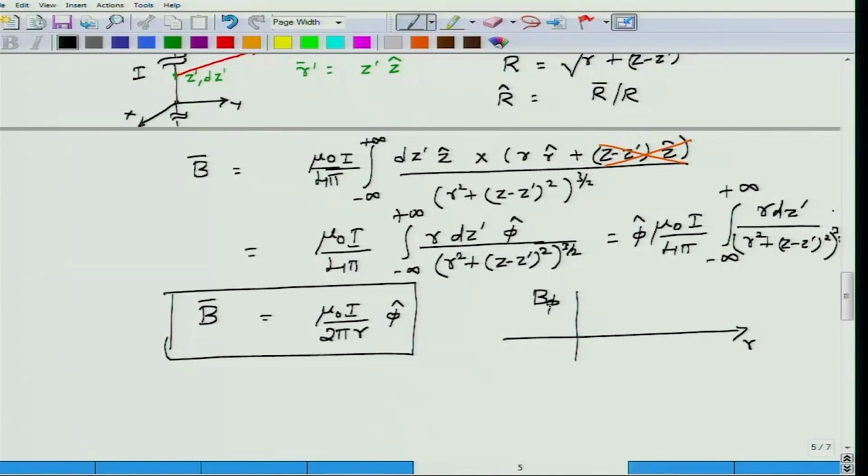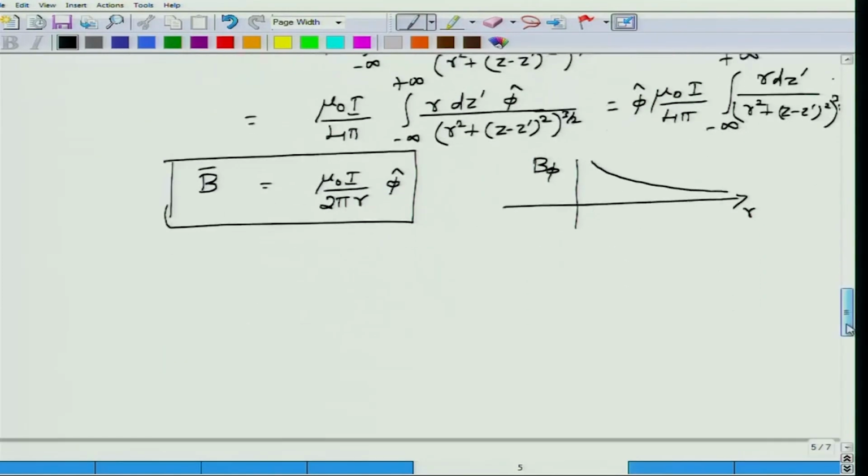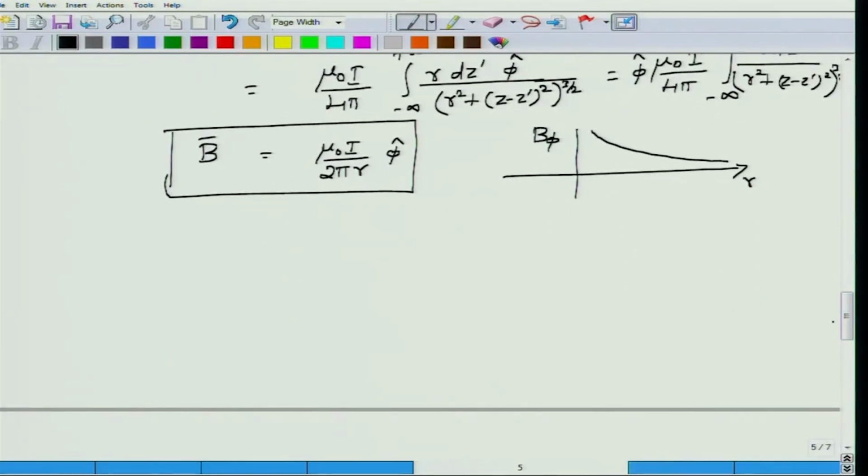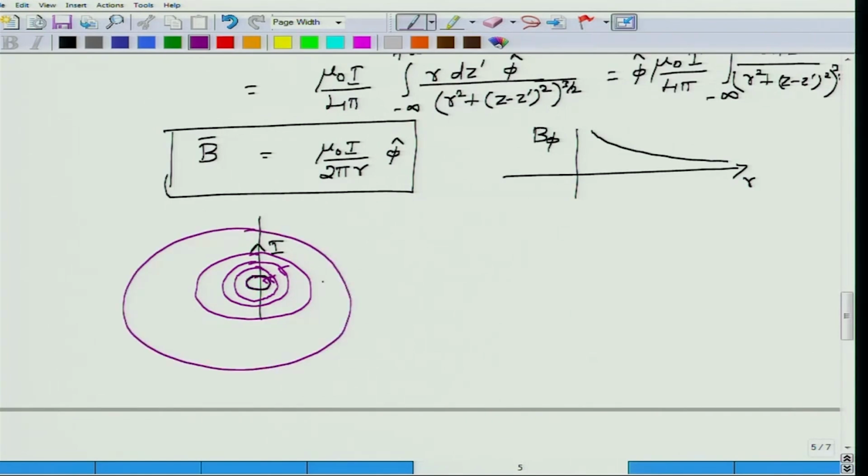The vector is actually along the phi direction, and its magnitude keeps on decreasing as 1 by r. Now, it is interesting that you can actually draw this B phi, and you will see that if this is the current being carried by the infinitely long conductor, then the B fields would be circulating this current.